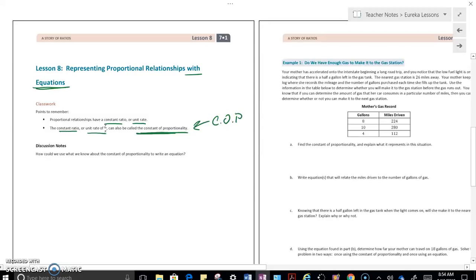How could we use what we know about the constant of proportionality to write an equation? Well, let's think about what we remember and also the points to remember that were just given to us. The COP is k.